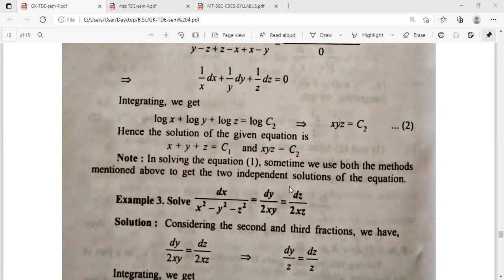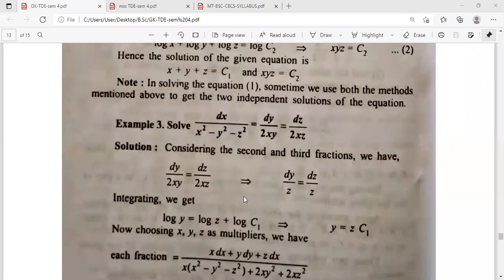If it is possible to find the values by the method of grouping, you can use that, or you can use the method of multipliers, or you can use both the methods in solving one problem. Either of them you can use, or both of them, to solve this simultaneous equation. Now we'll see the next one.